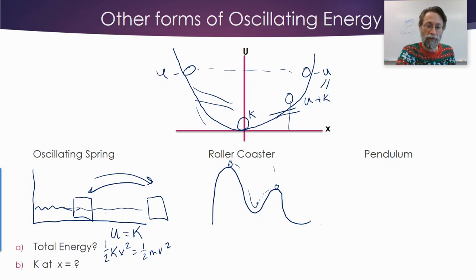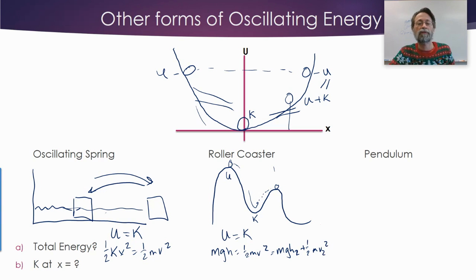To begin with, I could say this potential energy has to equal this kinetic energy, so mgh equals 1/2 mv squared. Now, at the second hill, that's equal to mgh, with a second height, plus 1/2 mv squared with a second velocity, which is the velocity at the top of the second hill. And again, remember, energy is energy is energy.